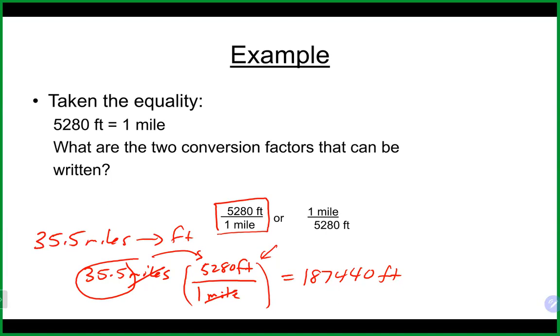All we did technically is multiply and divide, which means our answer should have the least number of significant figures, so it should end up at 3 significant figures: 187,000 feet. Any questions on that? Again, that conversion factor is considered an exact number, so we don't have to worry about it in our problem here.